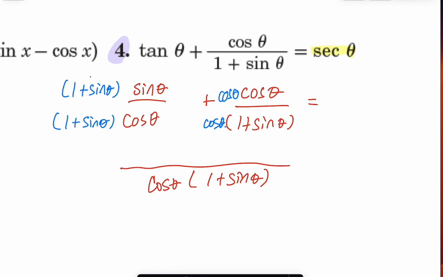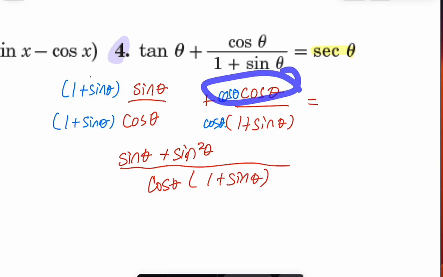If we distribute on top, remember, we're distributing that sine to both of those. We get sine of theta plus sine squared of theta. If we multiply these numerators together, we get cosine squared.